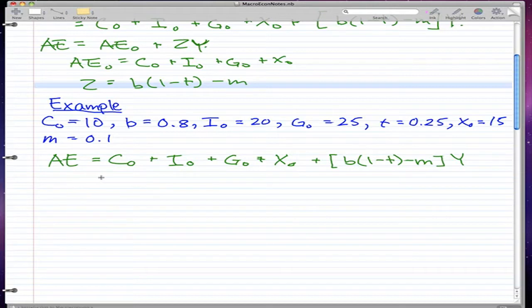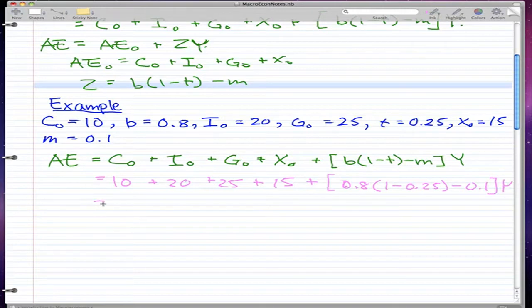So like always, C0 is equal to 10 and I0 is equal to 20, G0 is equal to 25, X0 is equal to 15, plus B is equal to 0.8, T is equal to 0.25, so we take 1 minus 0.25, minus M, which is 0.1, and then we don't have a Y, that's what we're going to find.